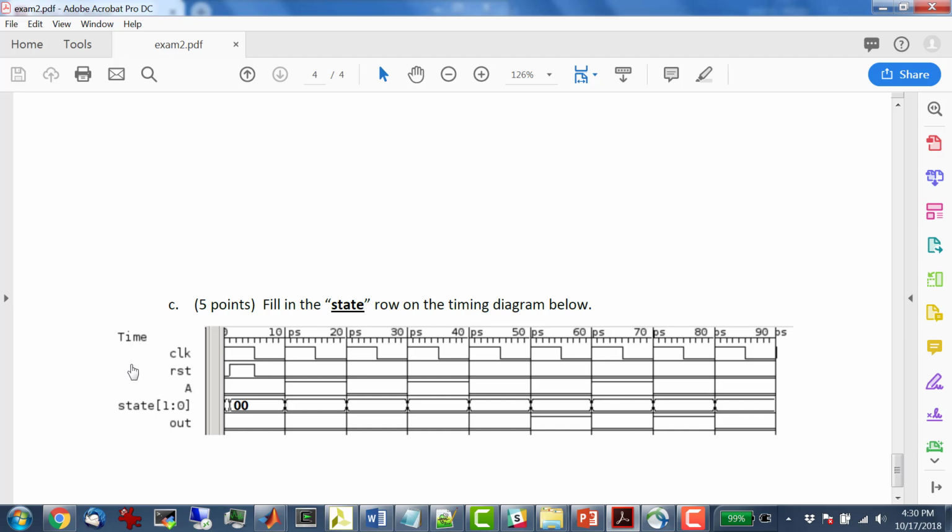So 0, 0 with a 0 for A, 0, 0 with a 1 for A, 0, 1, right? So it's probably even more convenient to use the timing diagram because in that case you're matching two values that are right on top of each other, right? You don't have to worry about the clock, because basically it's one clock cycle per division there. All right, any other questions about that?